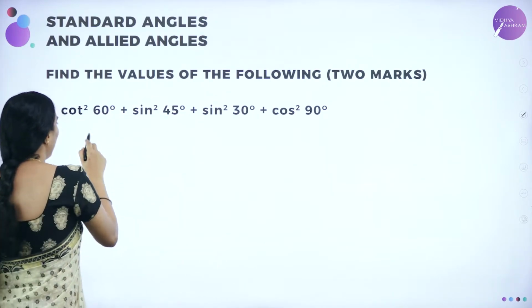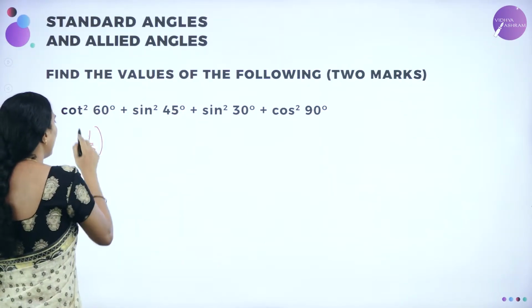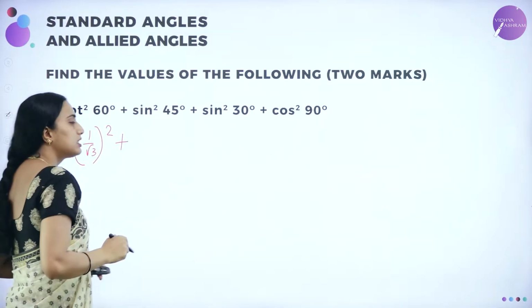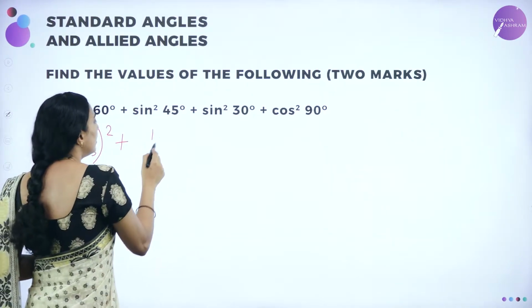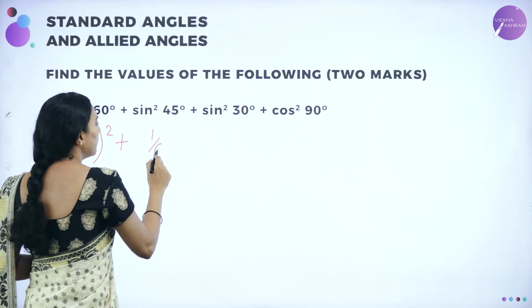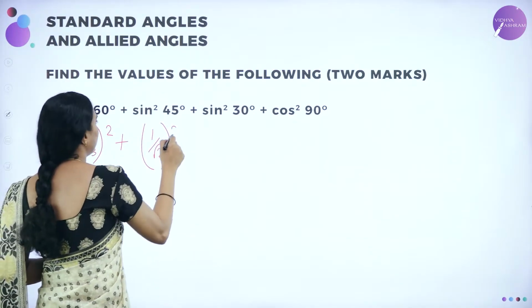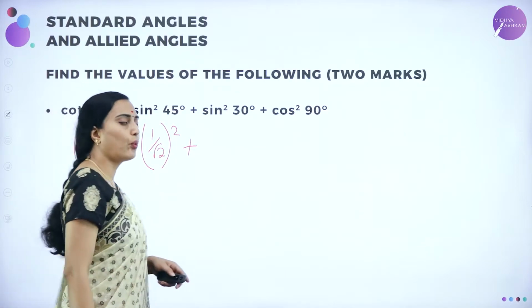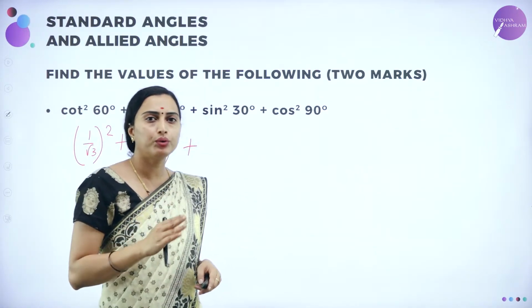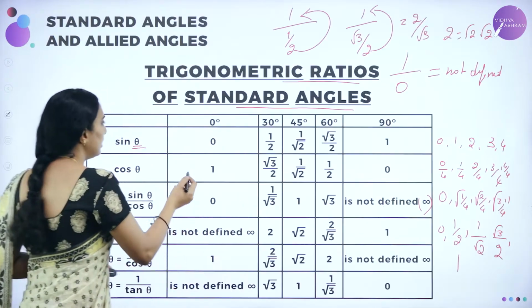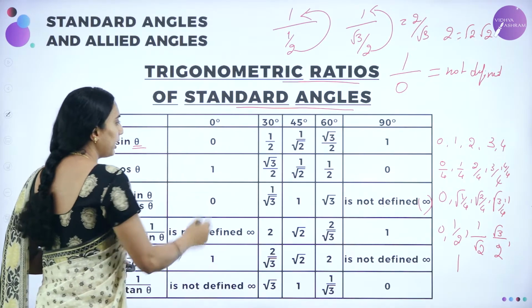So therefore 1 by root 3 whole squared, plus sine 45 degree is 1 by root 2. So sine squared means 1 by root 2 whole squared, plus sine squared 30 degree. So sine 30 degree is 1 by 2, right?